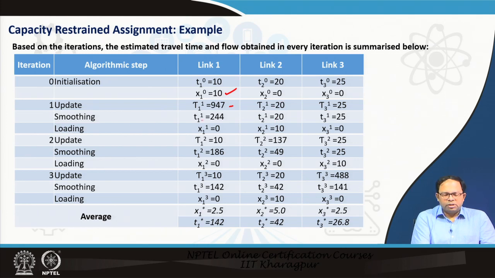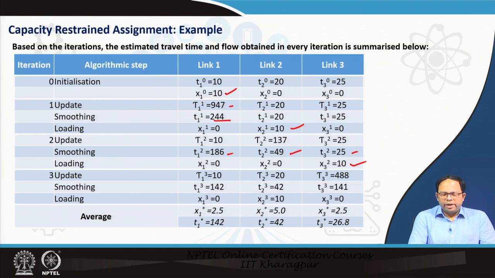Then we smooth, taking the averaging process, where T1 becomes 244 using the formula that I have shown, T2 remains 20, T3 is 25, and the entire loading is again on link number 2, and then we again smooth it. So this becomes 186, this becomes 49, this remains 25. So next time we will assign it over here.